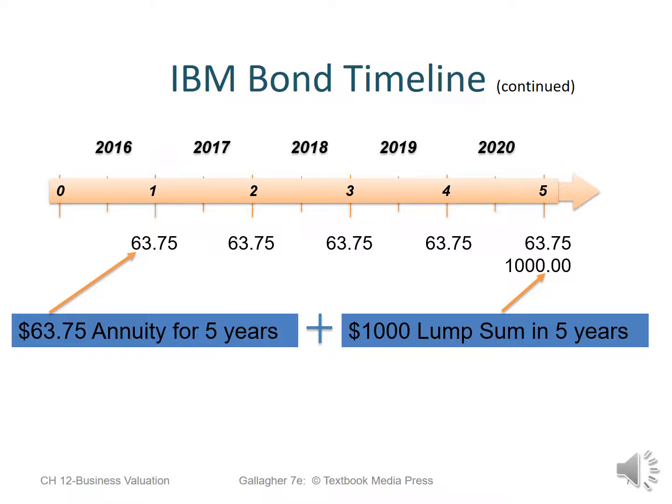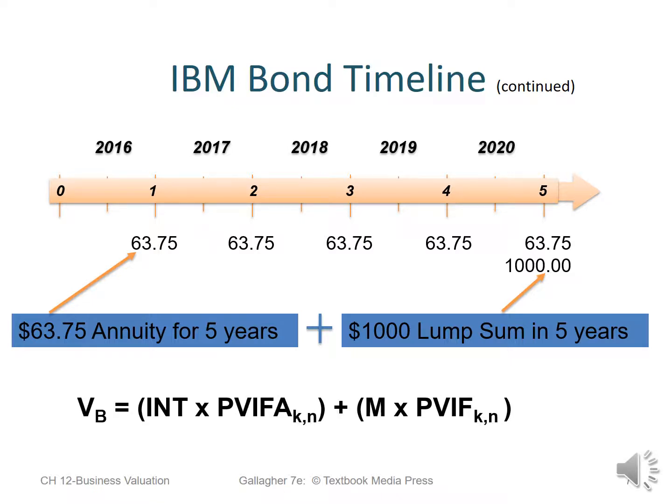The cash flows are a 3.75% annual annuity for 5 years and a $1,000 lump sum in 5 years.